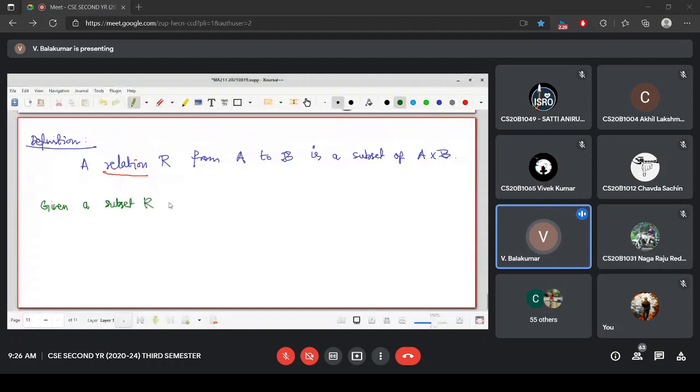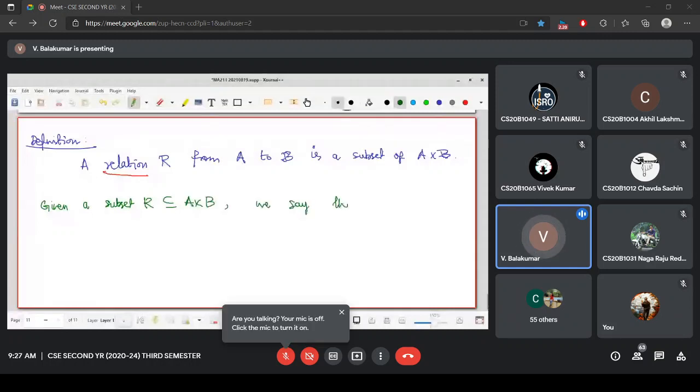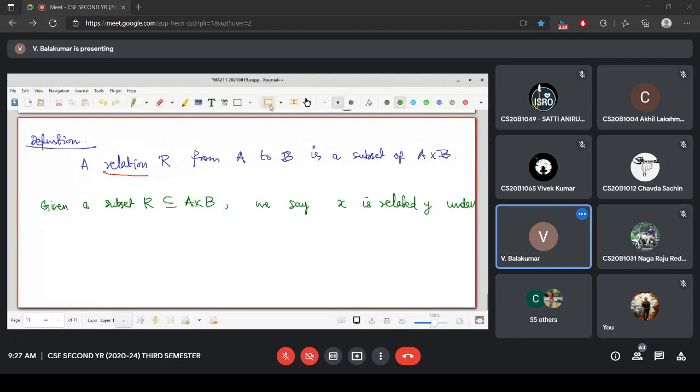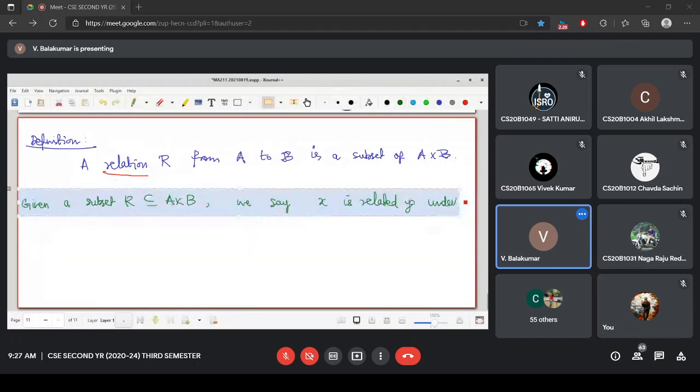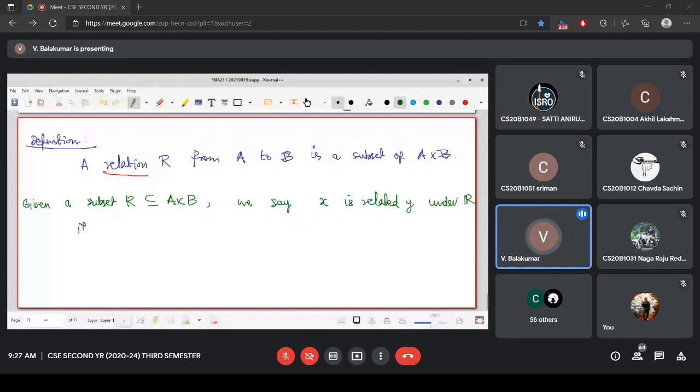Then we say X is related to Y. I am writing now only X is related to Y under the relation R, if this element is in our subset R. In that case we write X related to Y. This is what probably you have seen.